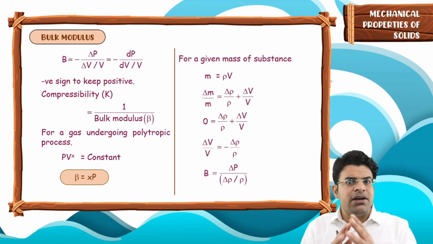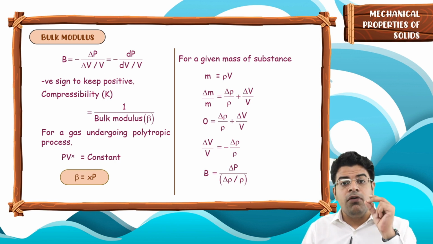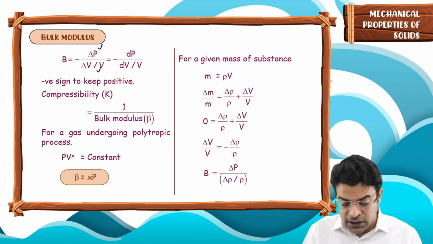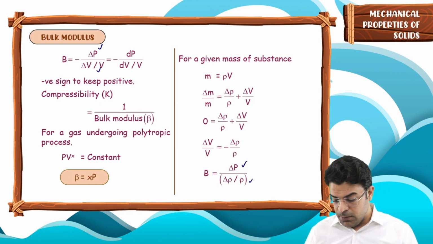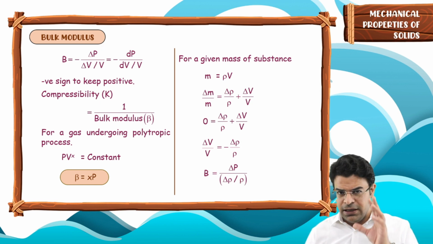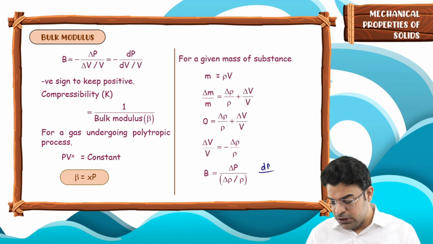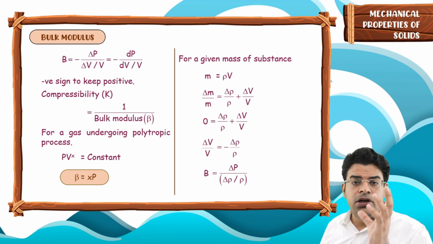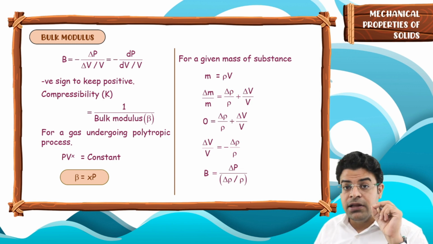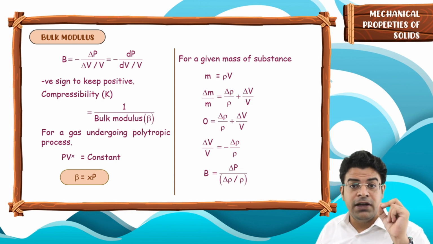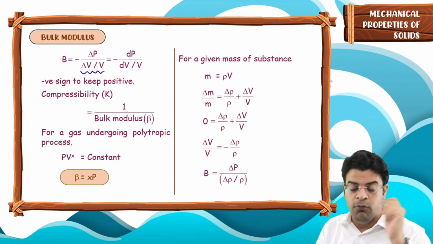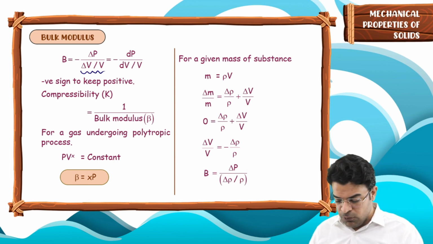So one can even write bulk modulus in terms of density as delta P upon delta rho by rho, or even in differential format as dP upon d rho by rho. So this is another method to use bulk modulus when they ask you to talk in terms of density rather than fractional volume change. Let's move on.